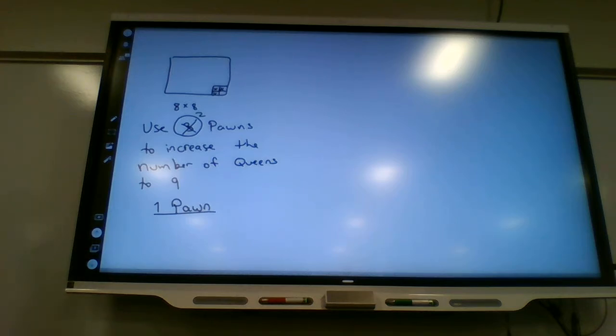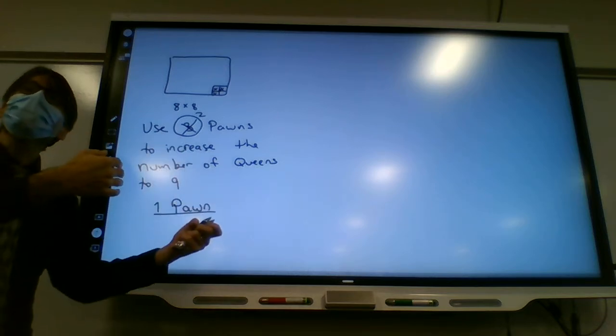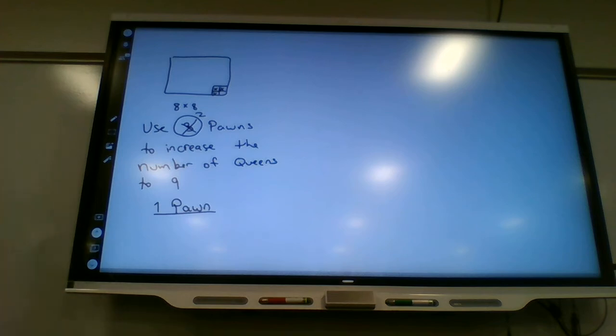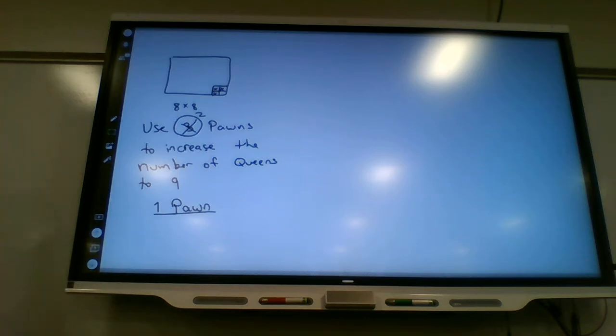Right? So the 1 pawn, it doesn't say that we start with an 8-queen solution and then add, right? We say, how many pawns do we need to be able to put 9 queens on the board? And so back in 2004, this started a few of us on some experimentation and some looking at this problem.